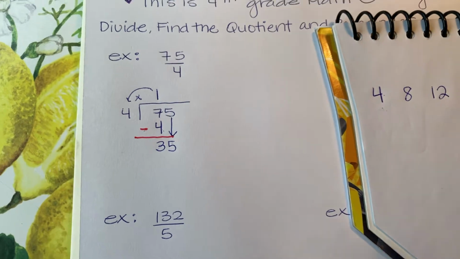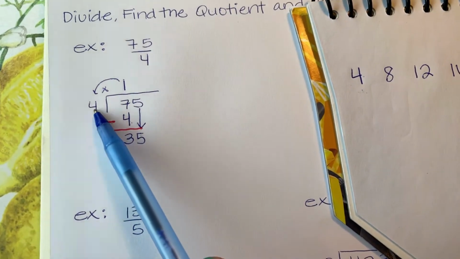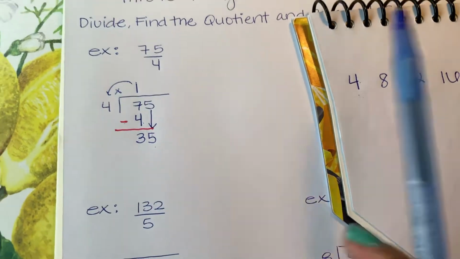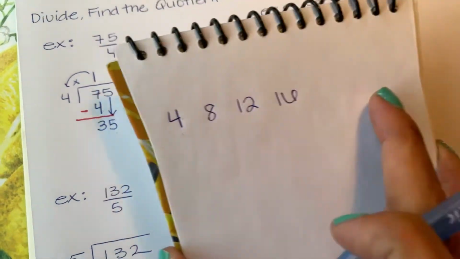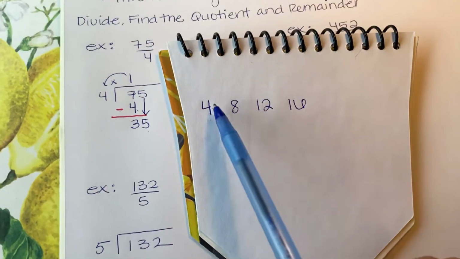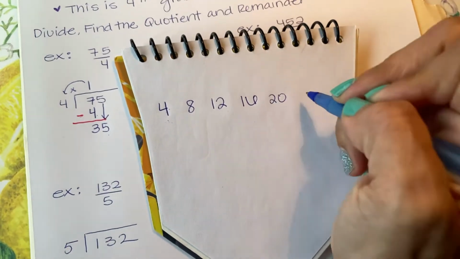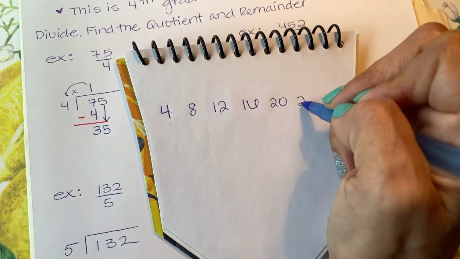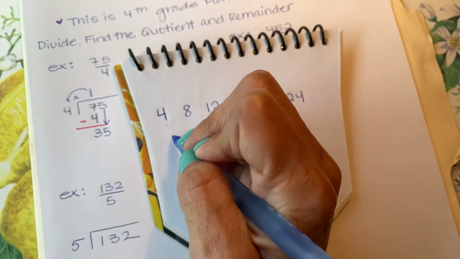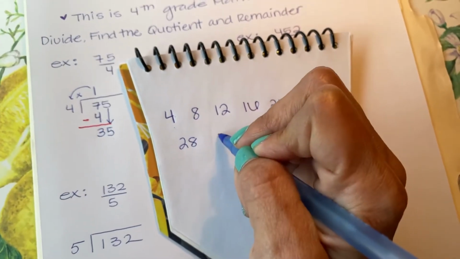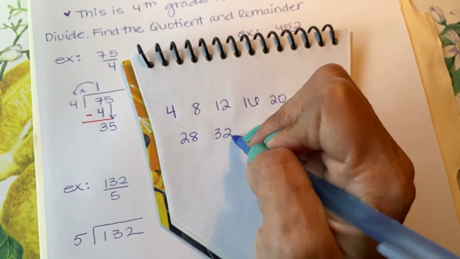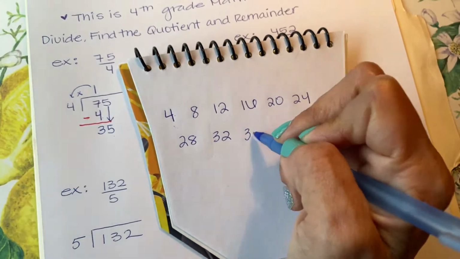Now you restart. How many times does 4 go into 35? Get to your multiplication table: 4, 8, 12, 16, 4 times 5 is 20, 4 times 6 is 24, 4 times 7 is 28, 4 times 8 is 32, 4 times 9 is 36.